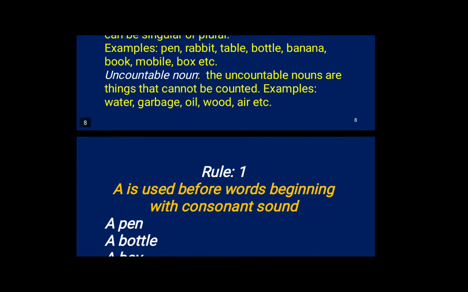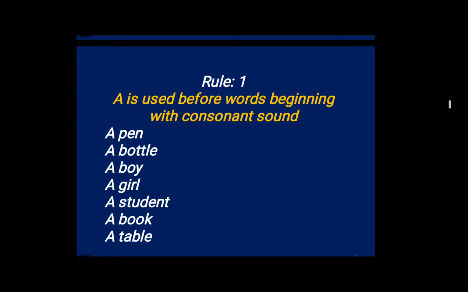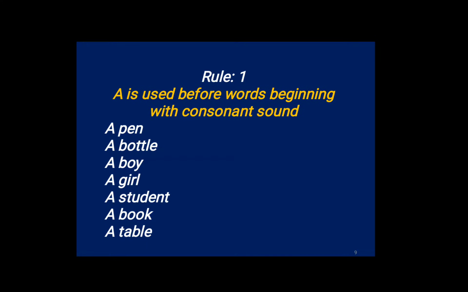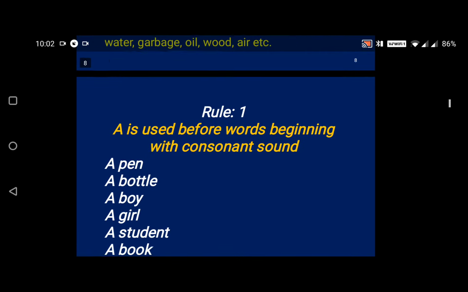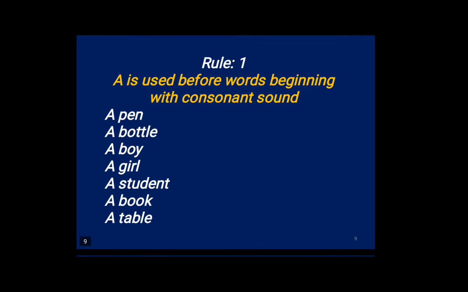Okay. Now rule 1. There are many rules to be discussed about articles. Let me discuss the first rule. The first rule is: A is used before words beginning with a consonant sound.